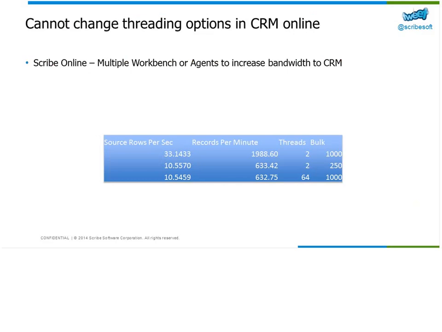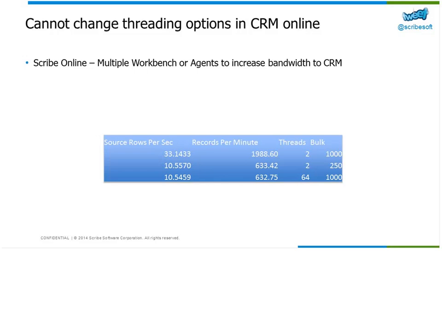One of the areas that a lot of folks in the know will use to improve the performance of both integrations and just ongoing usage, especially to scale the system up, is manipulating the threading options and the bulk settings inside of Dynamics CRM's environment. And you have a lot of control over that, obviously, because everything's in the building. But with CRM Online, you don't have access to any of that kind of stuff. You can't change the thread count. You can't change some of those other little pieces and parts.